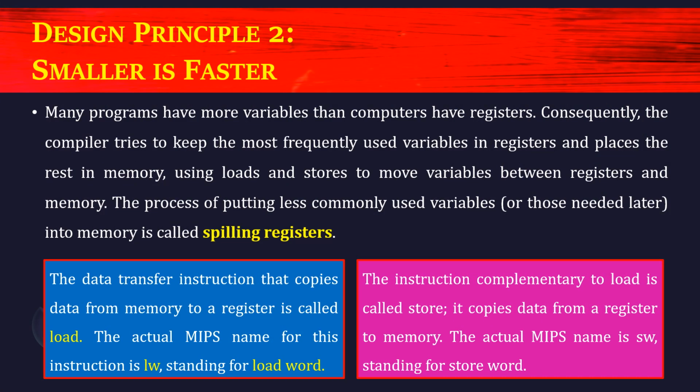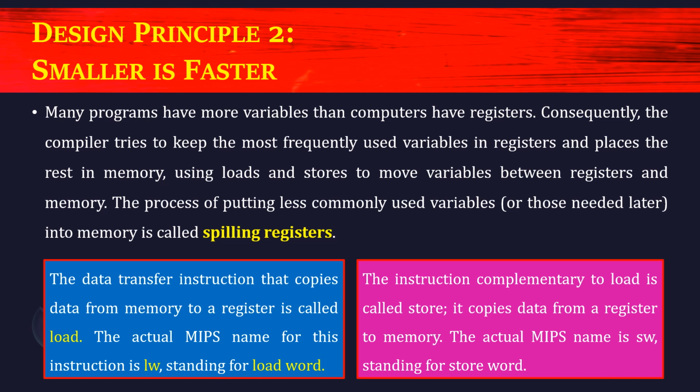In the previous example, we saw an instruction named LW. This LW represents load word. It is a data transfer instruction, right? We are transferring the data from the memory to the register. Many programs have more variables than computers have registers.